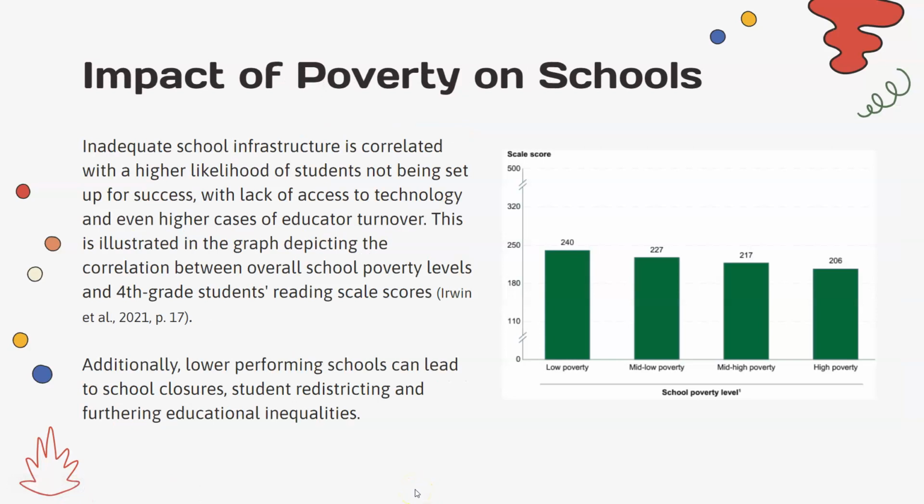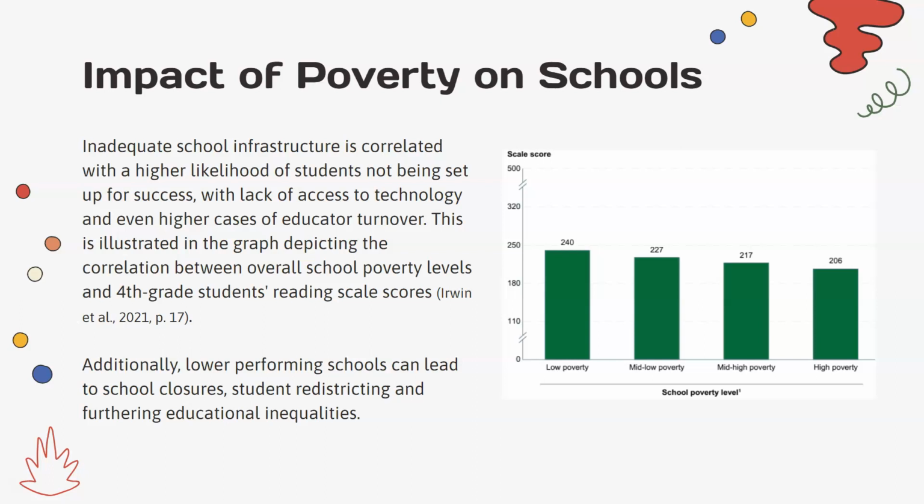This inadequate school infrastructure is correlated with a higher likelihood of students not being set up for success. Again, that lack of access to technology and even higher cases of qualified and skilled educator turnover will lead to lower test results.